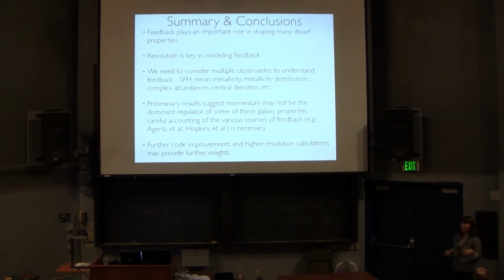People tend to have their favorite observable, but we need to think about it holistically. Some of these observables are affected by certain aspects of the feedback more than others, I think. So it's important to do runs where we test this by taking things out and putting them in. So there'll be further code improvements, and thank you.